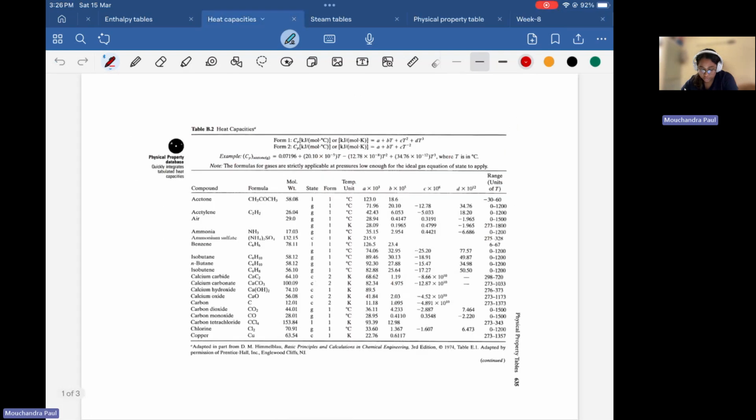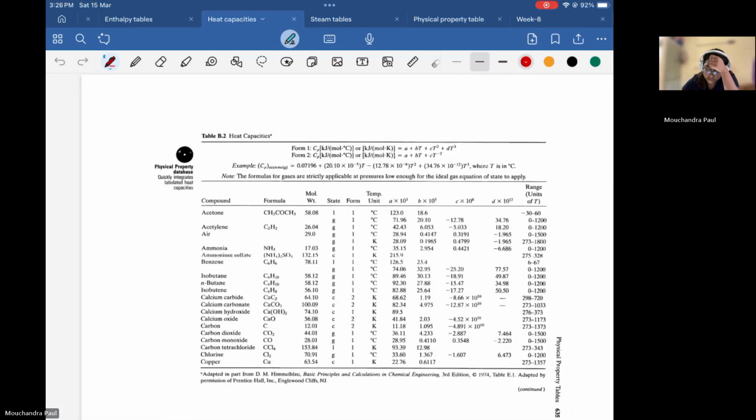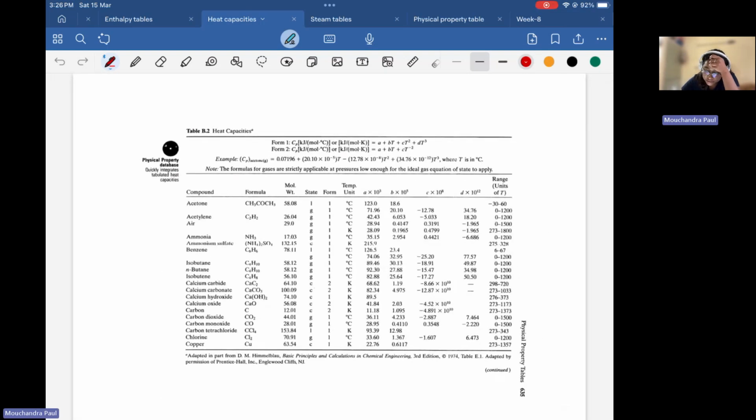If we go again to the book Elementary Principles of Chemical Processes, in table B2 you will see that heat capacities are given in equation form, and the coefficients of those equations are given for a large number of compounds.